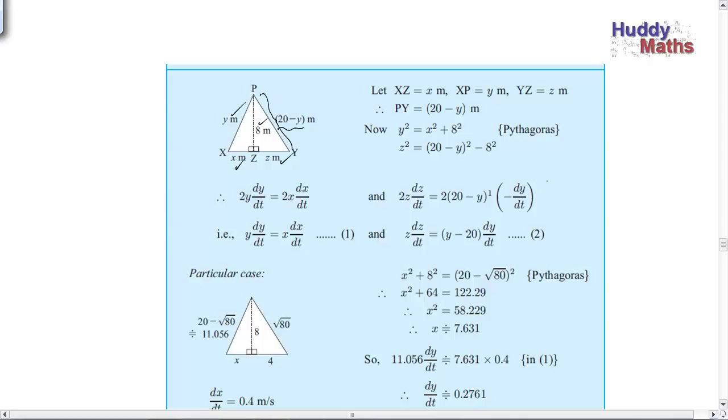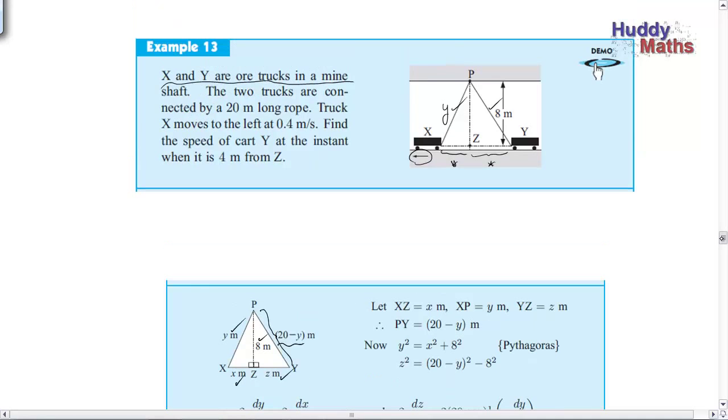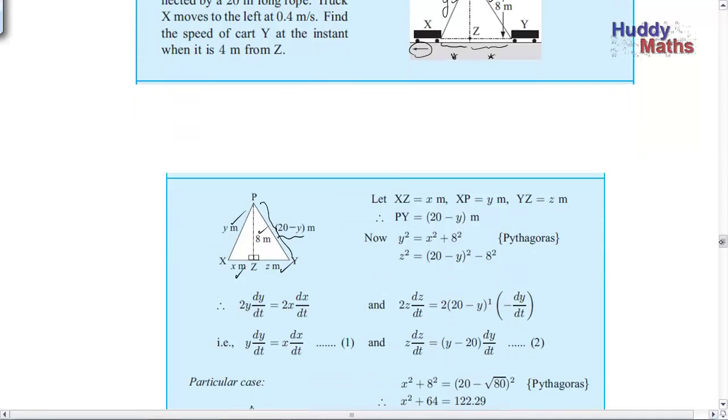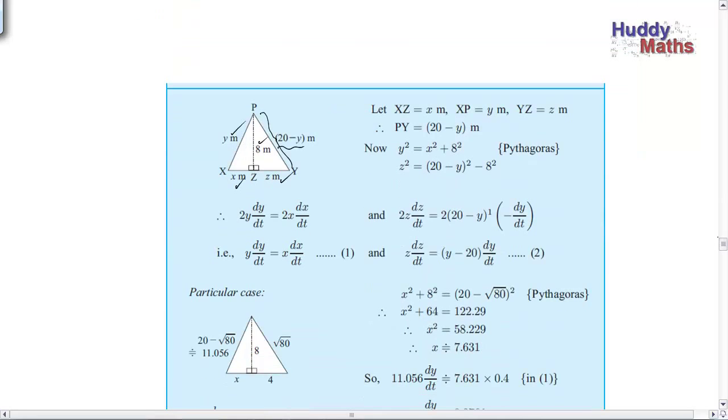Notice we don't put in the other length that was given. When it's 4 metres from Z, we don't put in any value there for the instant, because we'll lose our variable and we won't get our full differential equation.